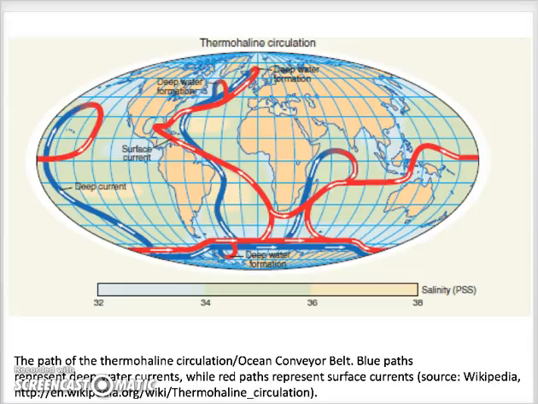Measurements at 26 degrees north show considerable interannual variability, with values of the AMOC falling from an average of 17 Sv to 13 Sv in winter 2009 to 2010 and 2010 to 2011, associated with a negative Arctic Oscillation.